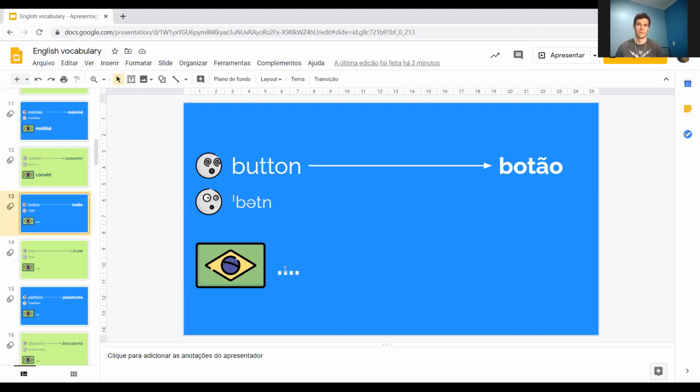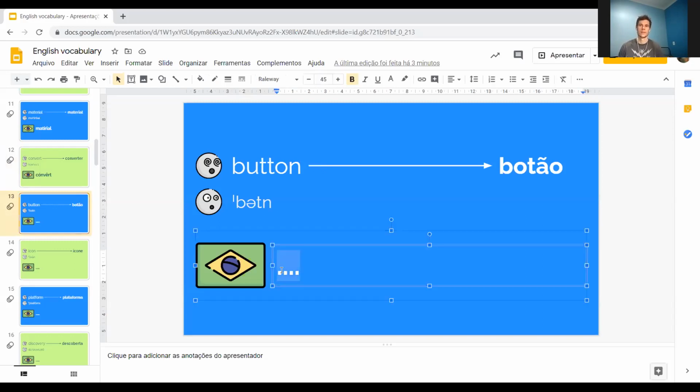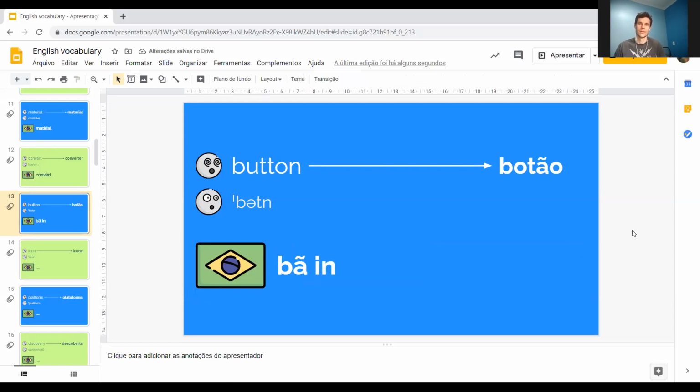I don't even know how to write it down in the Portuguese way. Button.